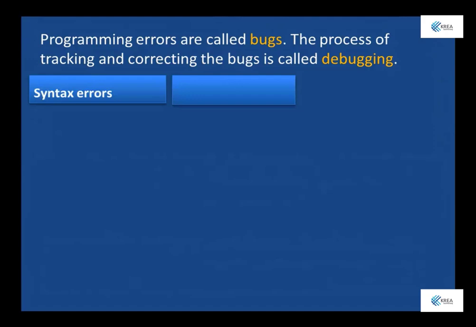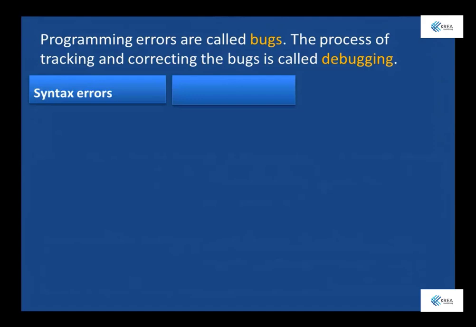Syntax errors occur due to incorrect syntax. So what do you mean by syntax? It refers to the rules about the structure of a program. Like in English, a sentence should start with a capital letter and should end with a period. Similarly, any programming code has some specific rules which should be followed.